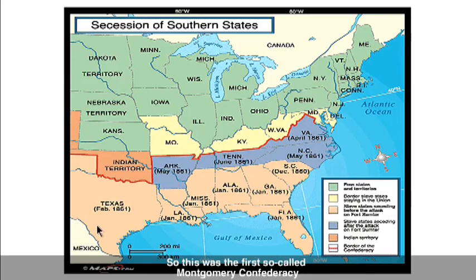So this was the first, or so-called Montgomery Confederacy, since their first capital was in Montgomery, Alabama. This bluish-purplish area shows 4 other more upper South states that will eventually join the Confederate states as well.